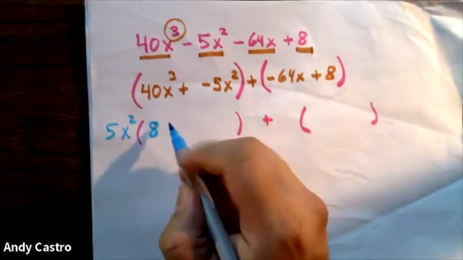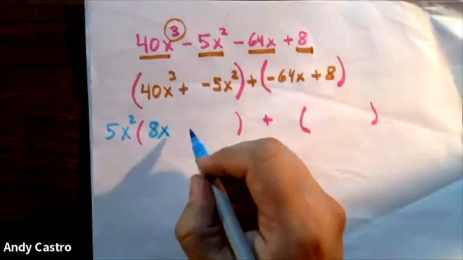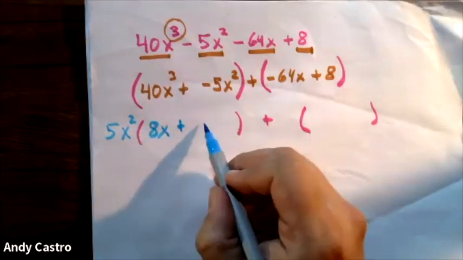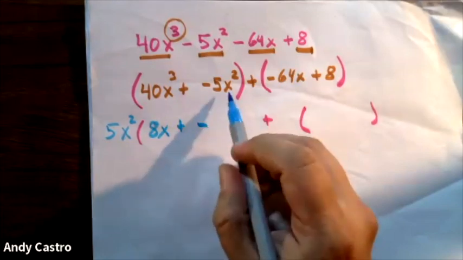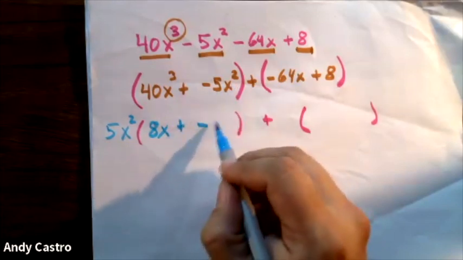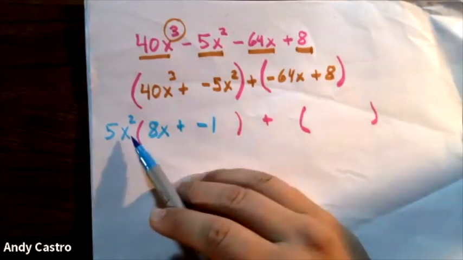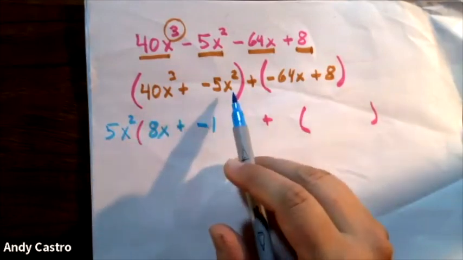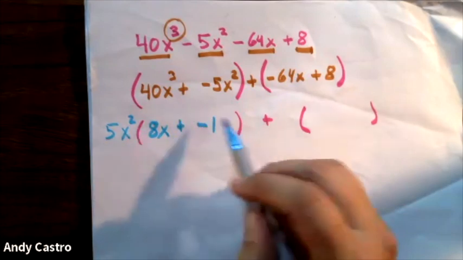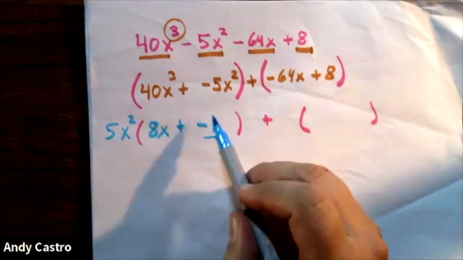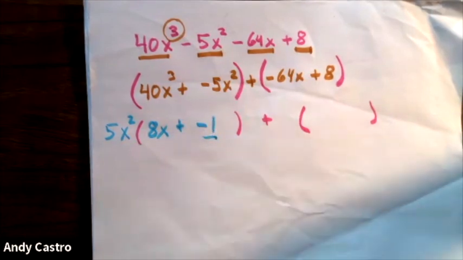An x squared out of the x cubed, I'm left with an x. All right, and then plus negative. If I pull a 5x squared, I'm just left with a negative 1. Remember, that's not a 0 because 5x squared times 0 would be 0, and I need 5x squared times whatever's right here to give me negative 5x squared. That has to be a negative 1.